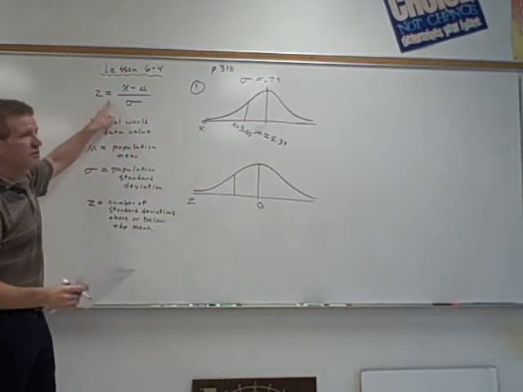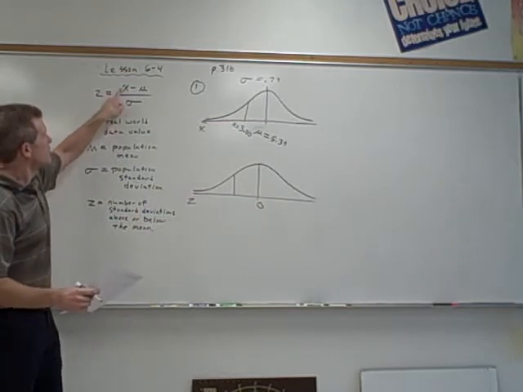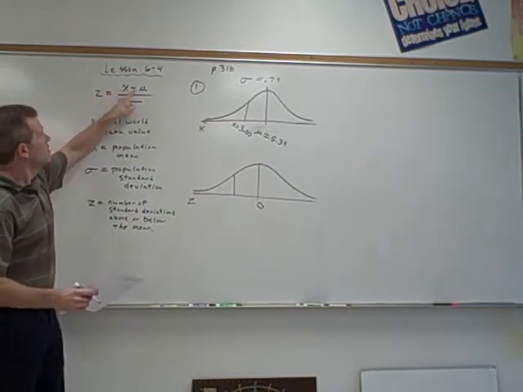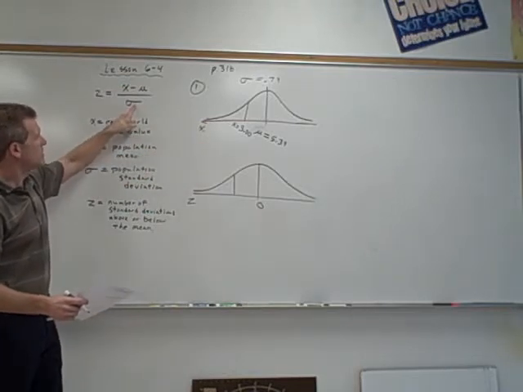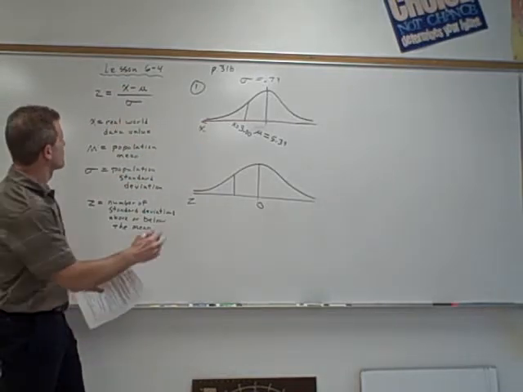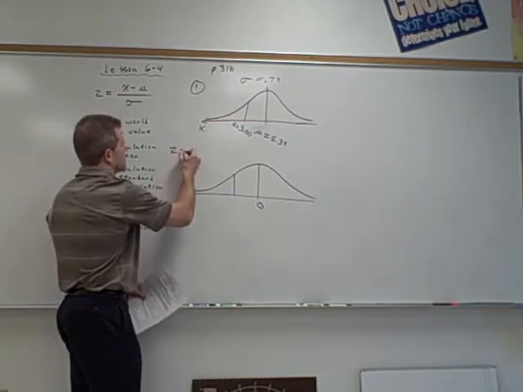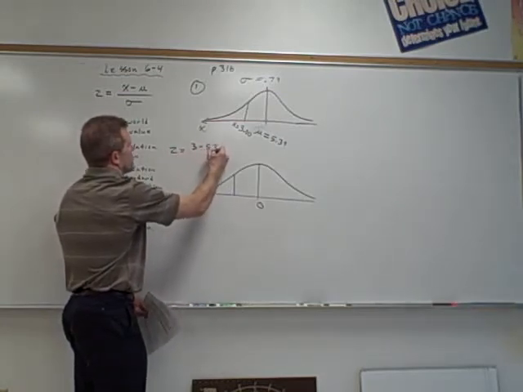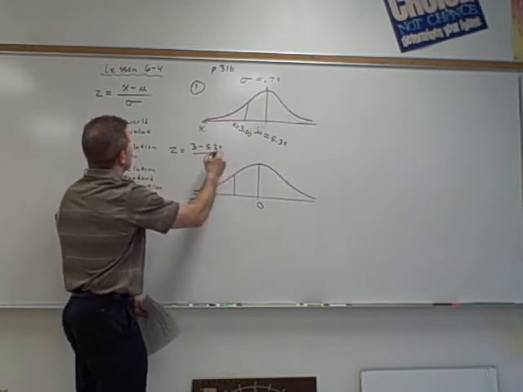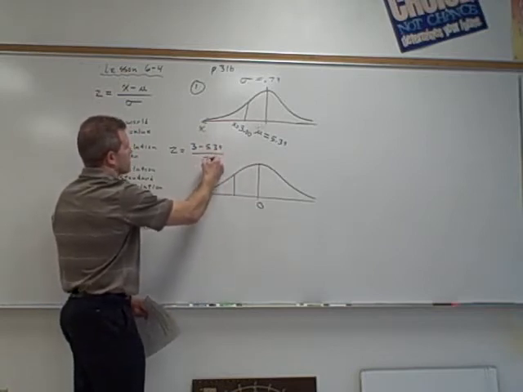We do that with the formula for z-score. You take your real-world data value, x, minus your mean, which is $5.39, divided by your standard deviation, which is 79 cents. It's going to look something like this. Z equals $3 minus 5.39 divided by the standard deviation, which is 79 cents.